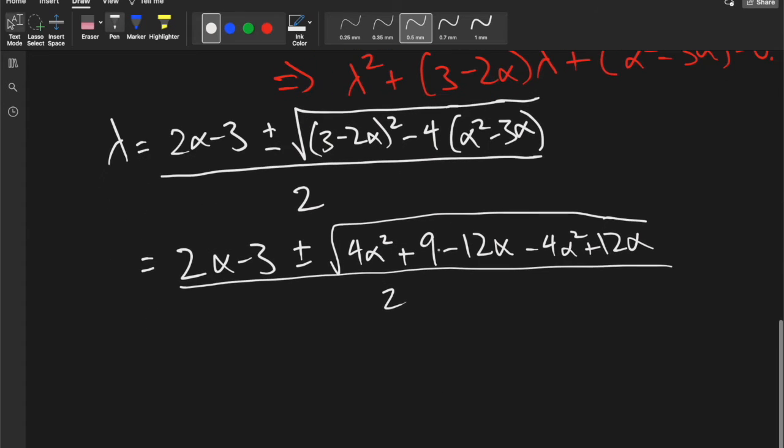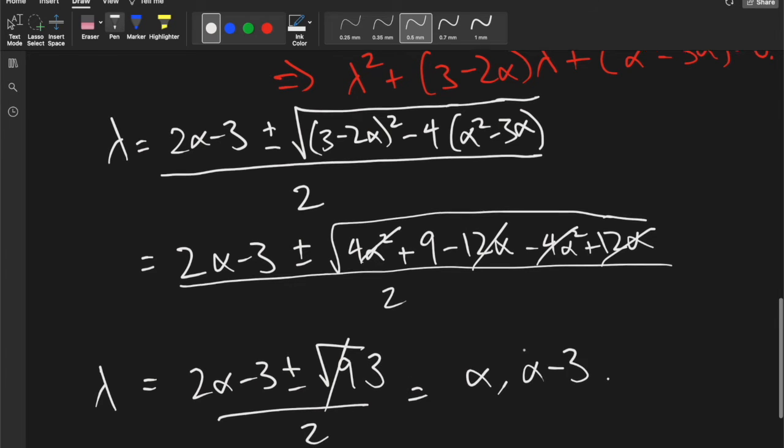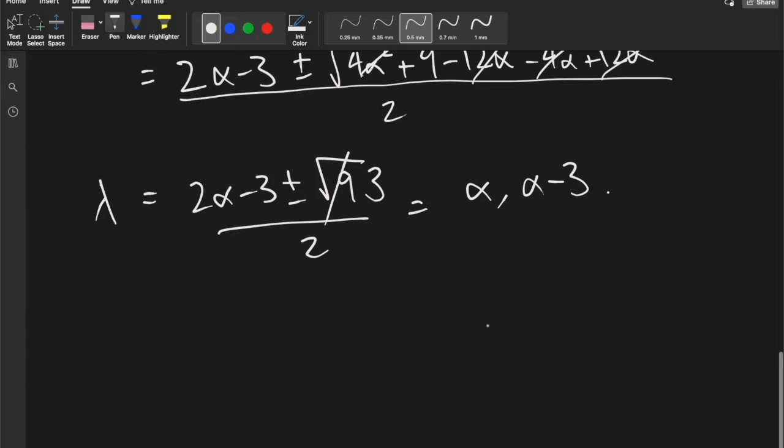We can see here that a lot of the terms inside the square root cancel out, and we're left with this as our values for our eigenvalues. So these are our two eigenvalues.